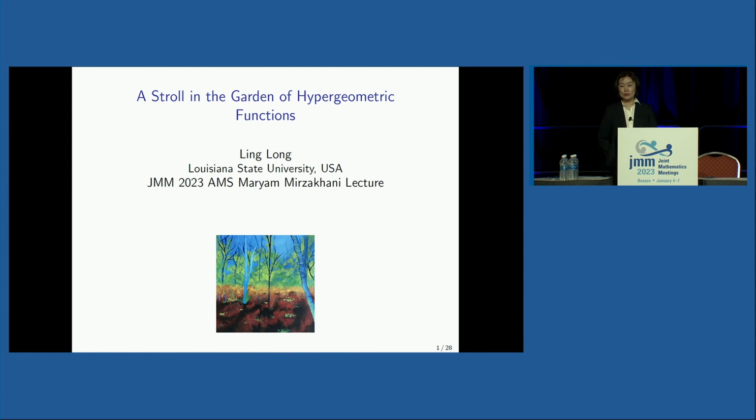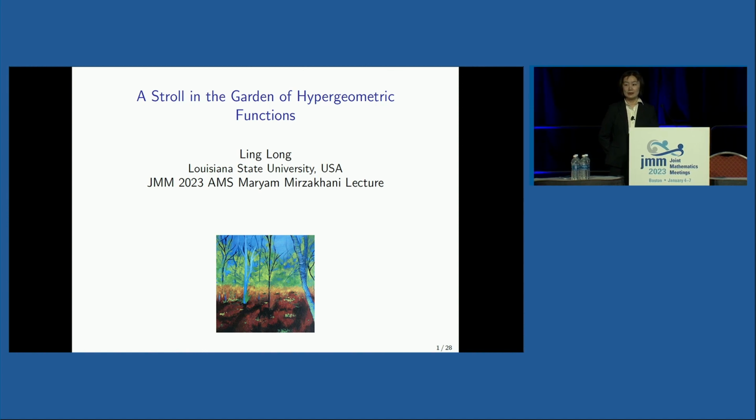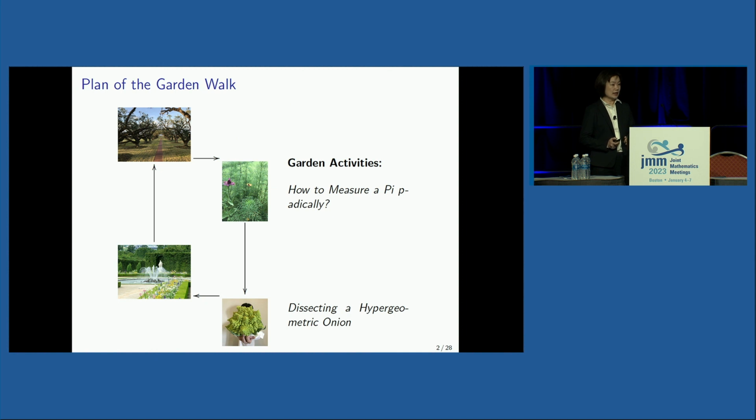So the garden was built by generations of master gardeners, including Riemann and Gauss. I'm not going to be able to mention all names, and mainly I will show you 4 sections of the garden. We will start from the oak garden, from where we will walk to the fields garden and perform a garden activity: how to measure a pie periodically.